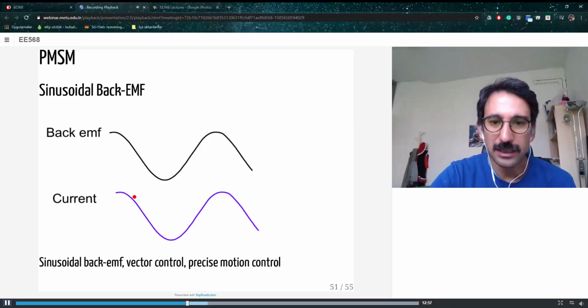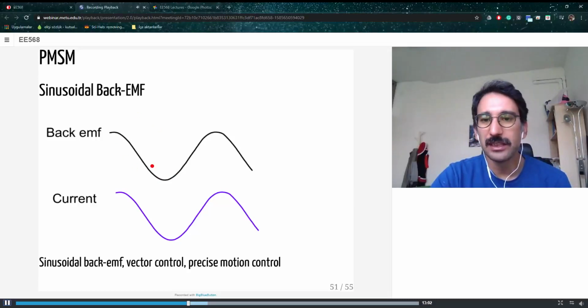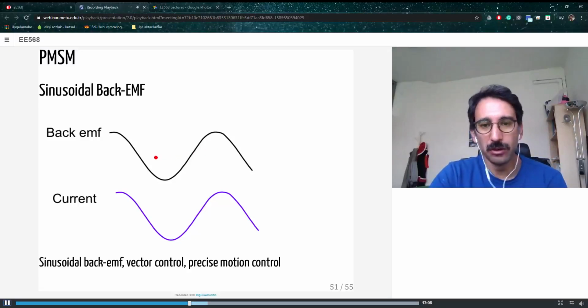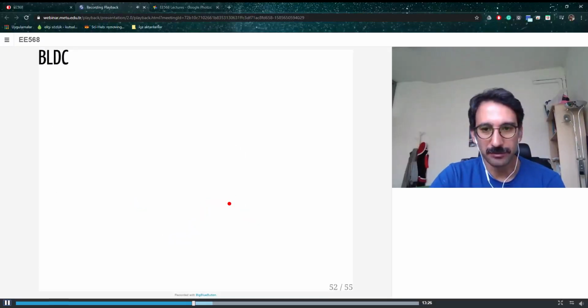If you have a sinusoidal back EMF like that, you can drive that machine with an AC voltage source. All your parameters are sinusoidal, and you can apply vector control like in the induction motor, and you can have precise motion control. So this is the higher performance over BLDCs.